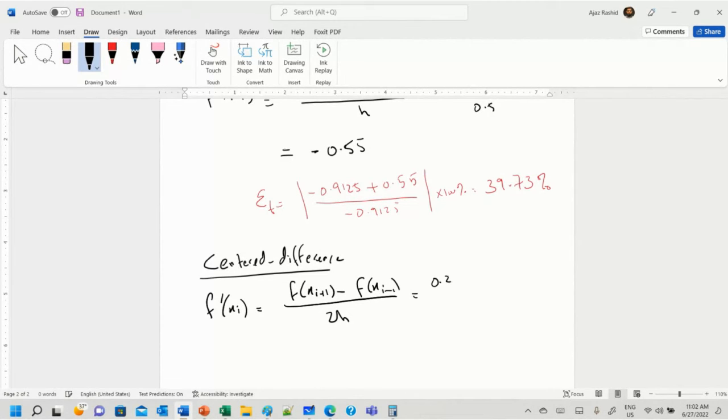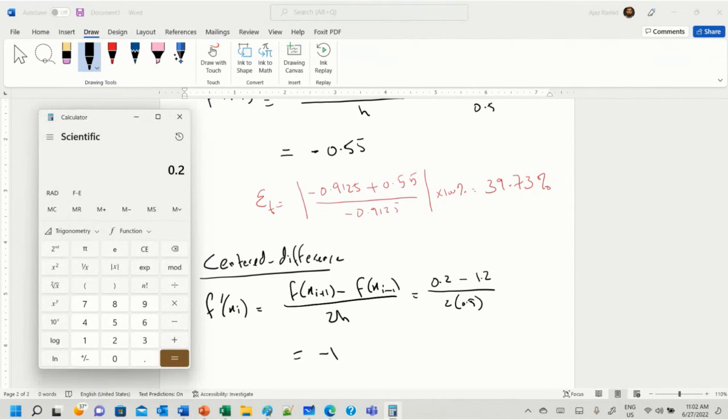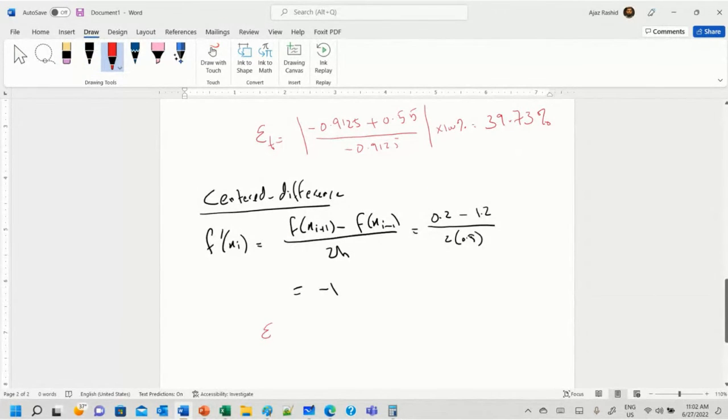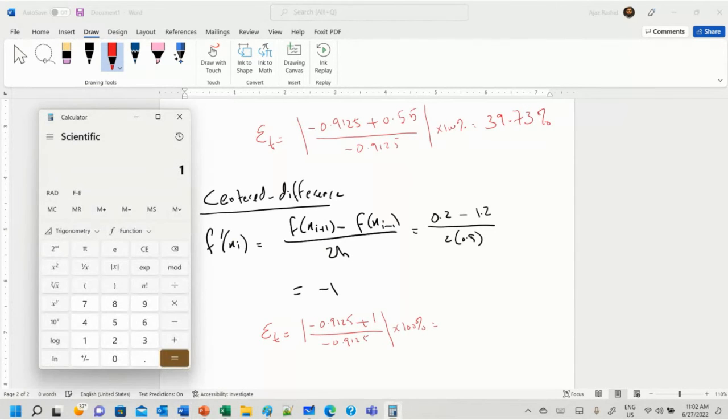So that's 0.2 minus 1.2 divided by 2 multiplied by 0.5. 0.2 minus 1.2 divided by 1, so minus 1. And you can find the true error as minus 0.9125, minus and minus becomes plus. So 1 minus 0.9125.